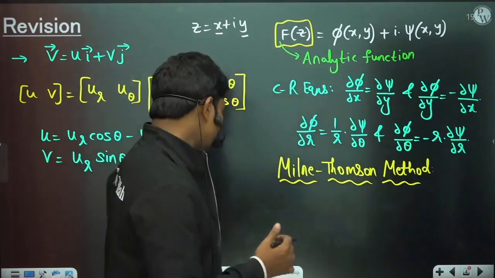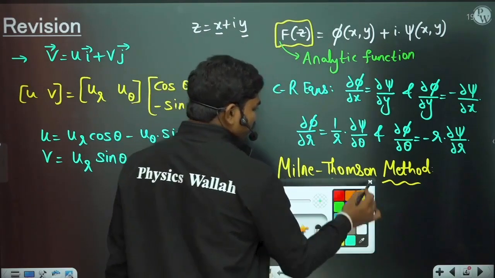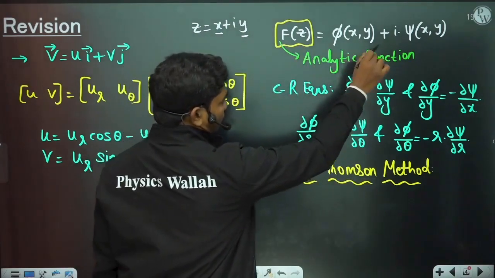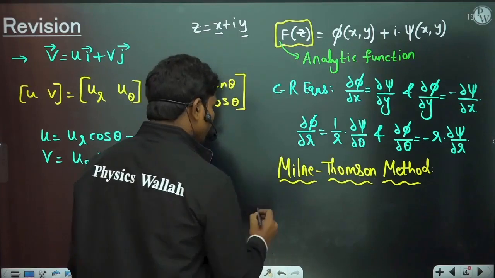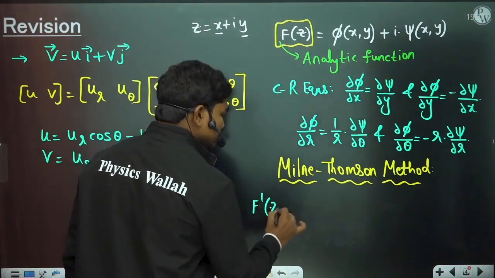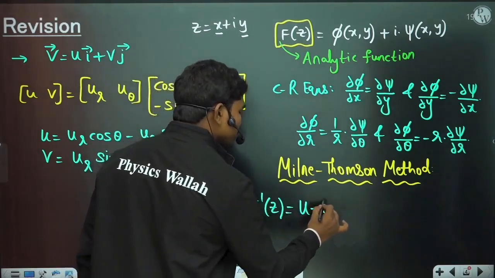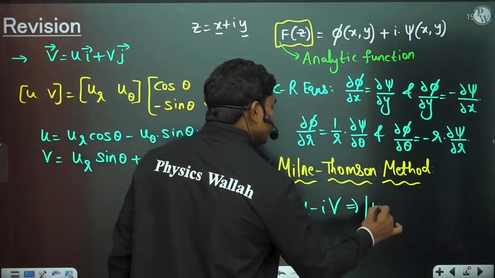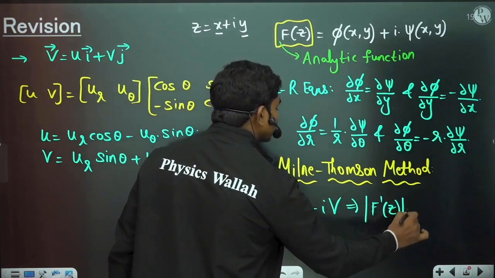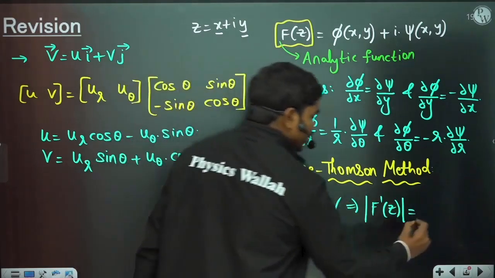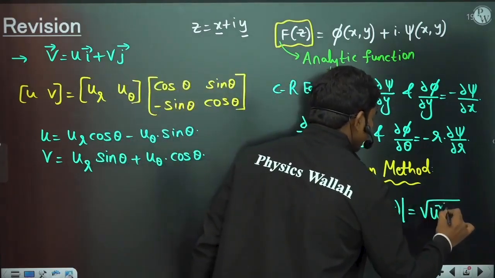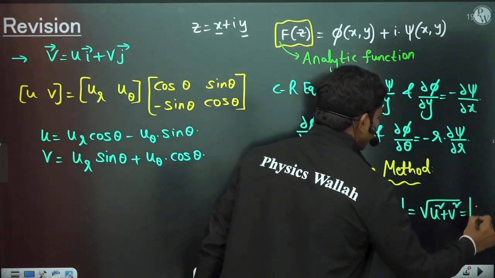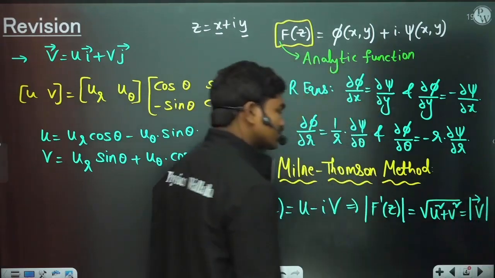And we know that whenever f of z is phi of x comma y plus i times psi of x comma y, f dash of z is actually equal to the x component velocity minus i times the y component velocity. The magnitude of this f dash of z, because this is a complex number, is the square root of u square plus v square, which is nothing but the magnitude of this velocity. Okay, so that we know.